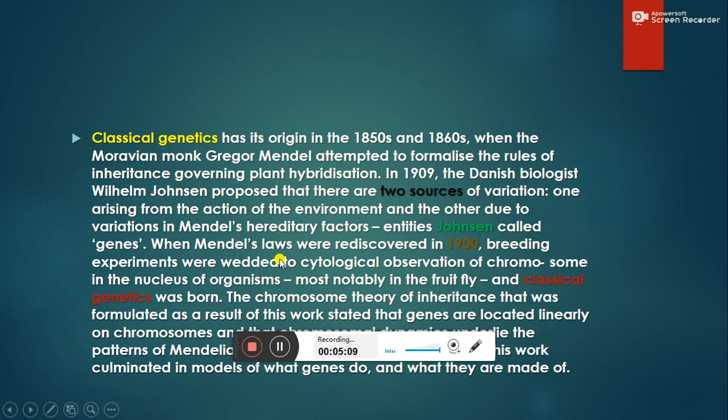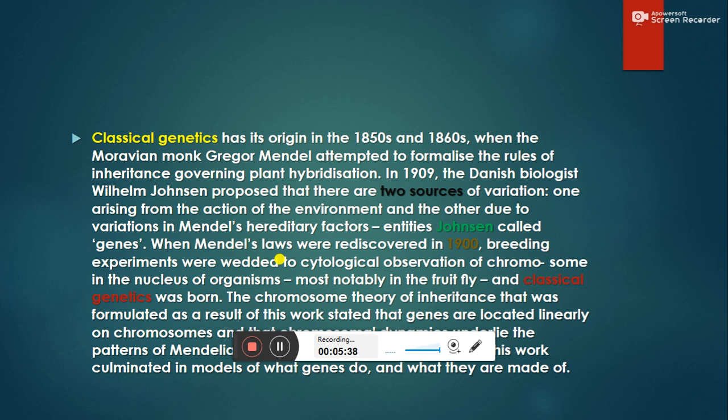Classical genetics has its origin between 1850 and 1860, when Gregor Mendel attempted to formalize the rules of inheritance governing plant hybridization. When Mendel presented some rules of heredity, genetics was presented.